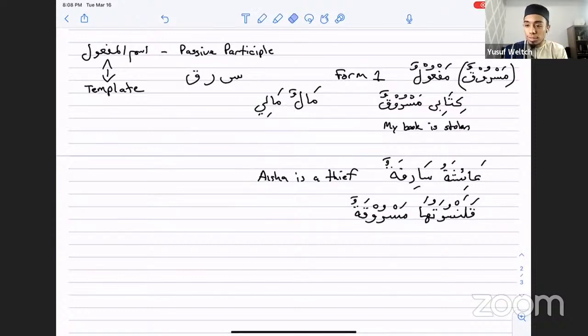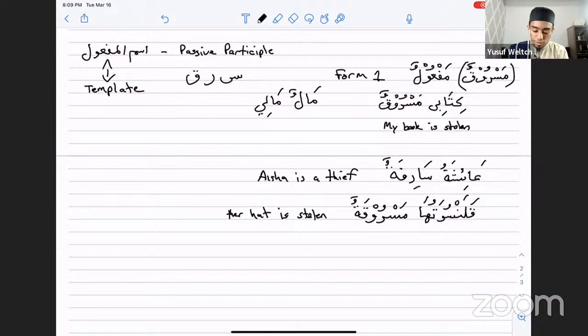Anyone know what qalansuwa is? This is a qalansuwa. A hat. Qalansuwa means a hat. Qalansuwatuha, what does that mean? What does the ha refer to? Her. So her hat. Masruqatun. How do you translate that? Her hat was stolen. Good. Her hat is or was stolen.